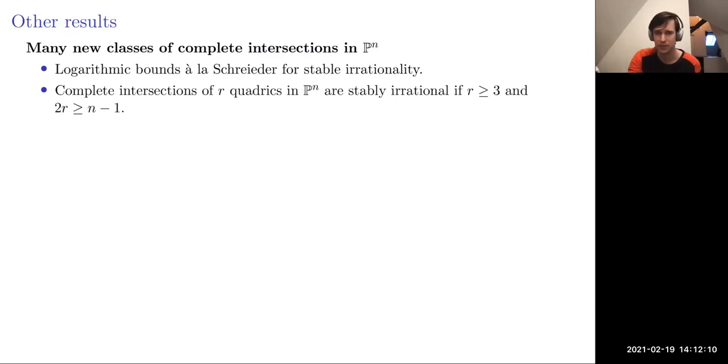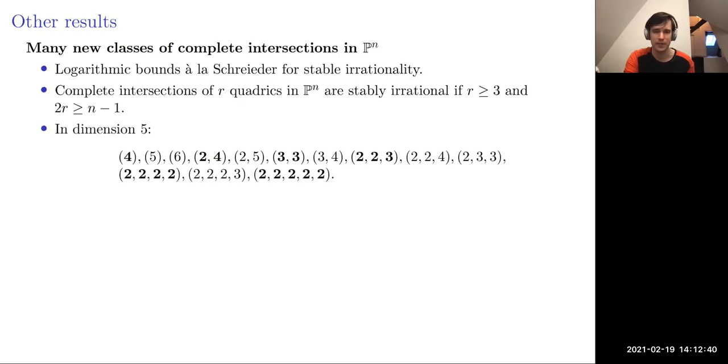For instance, I mentioned the logarithmic bounds of Stefan Schreieder for hypersurfaces, and we get analogous results for complete intersections. But it's important to note that we use Schreieder's results as input for irrationality. So his work is definitely a key ingredient.